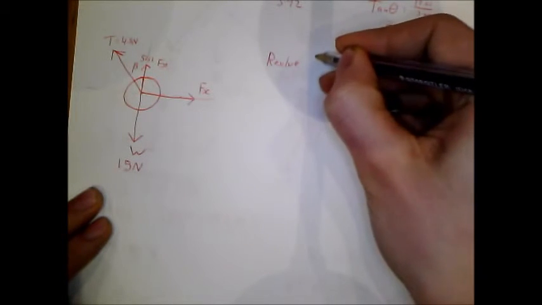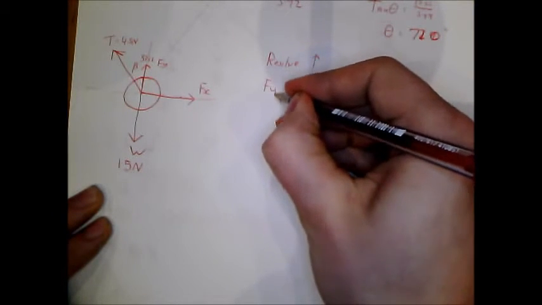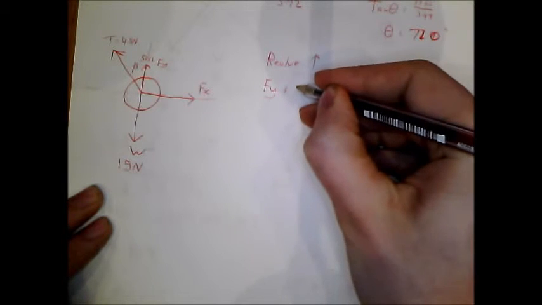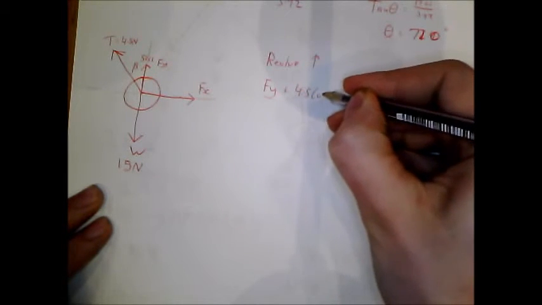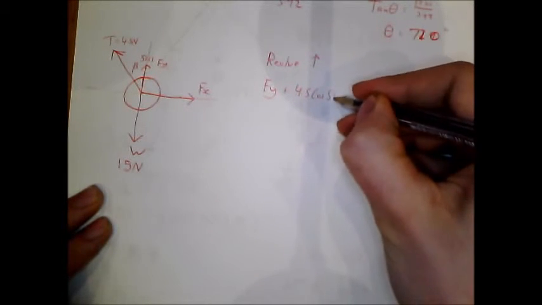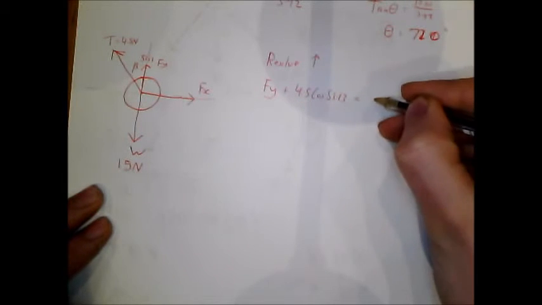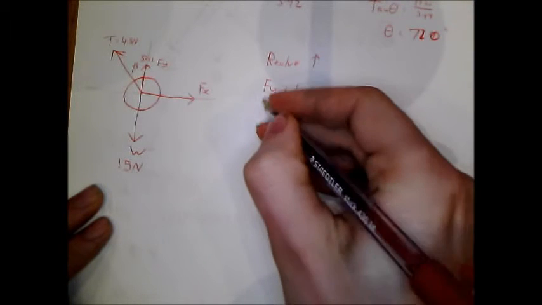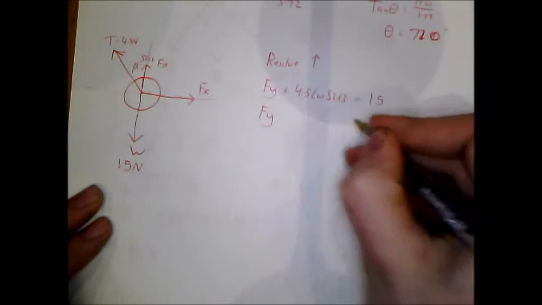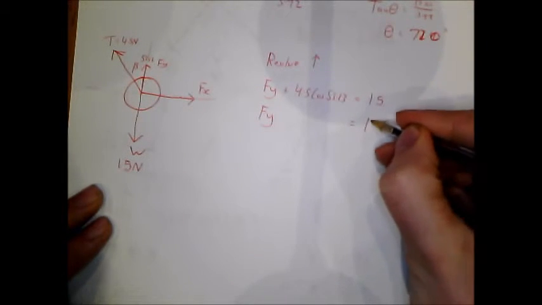So based on this we're going to resolve vertically upwards. So Fy plus 4.5 cosine 53.13 will be equal to 15. After you rearrange and solve that, you should find that the force in the y direction is 12.05 newtons.